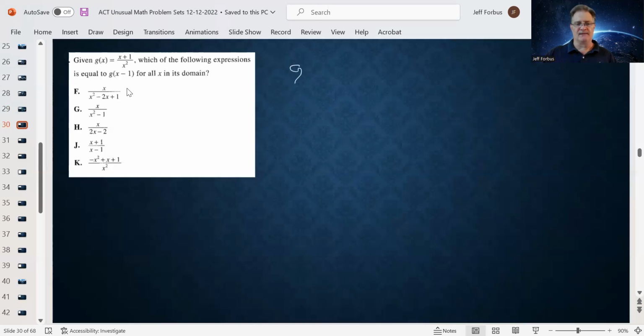So let me write this out for you. g of x is equal to x plus 1 divided by x squared. We want to evaluate g of x minus 1. So we're going to take x minus 1 and substitute it into each x.